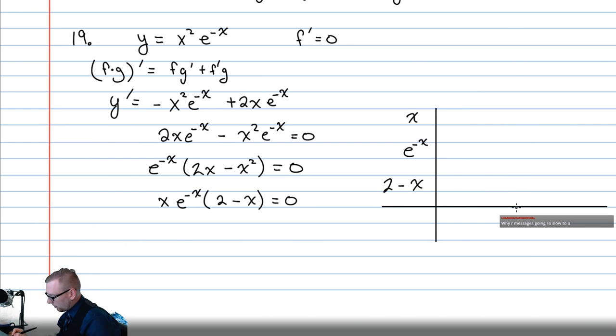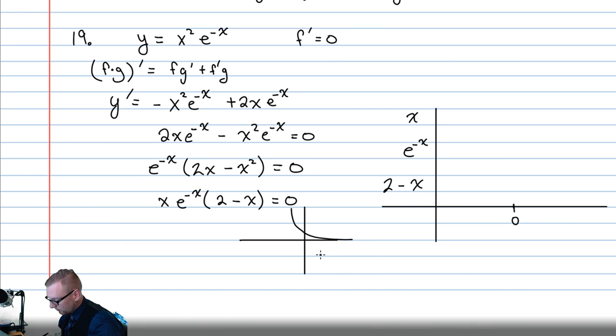So I'm gonna put a 0 here. e to the minus x is always decreasing, right? Because e to the minus x looks like this. 2 minus x.